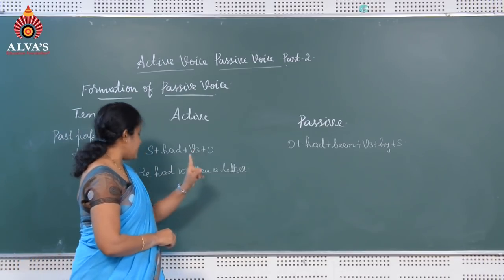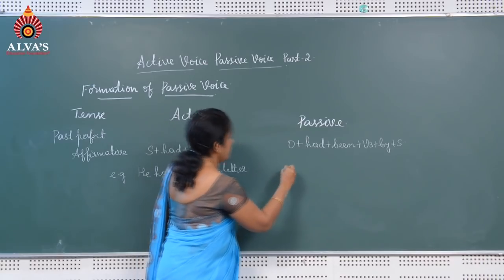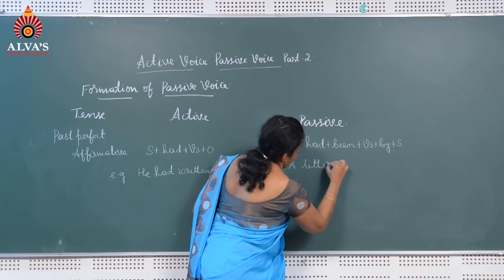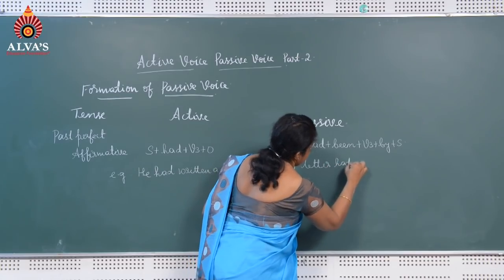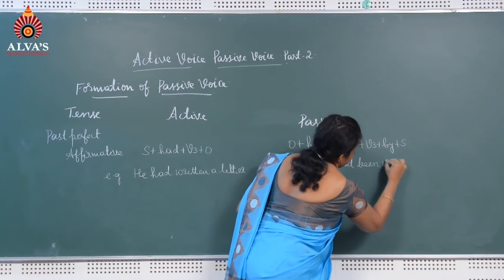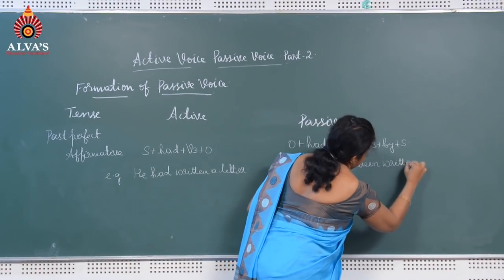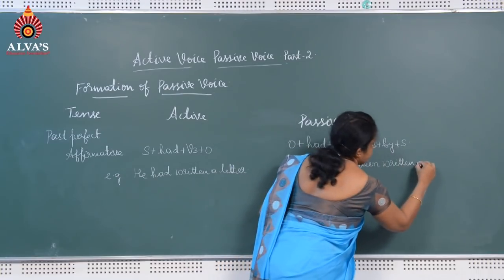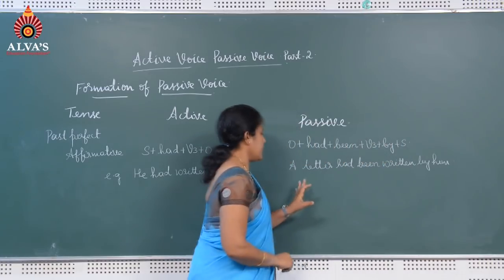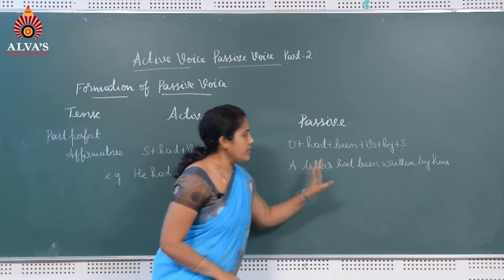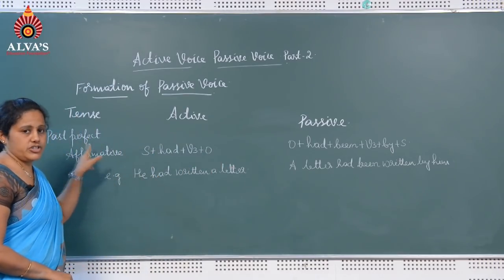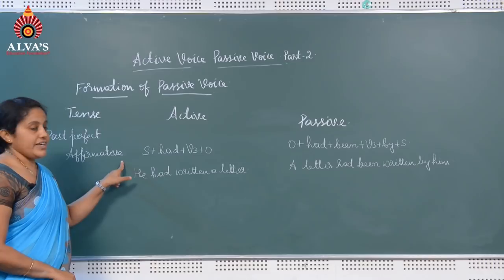When it comes to the passive voice: a letter had been written by him. A letter had been written by him. So, this is a past perfect affirmative sentence.